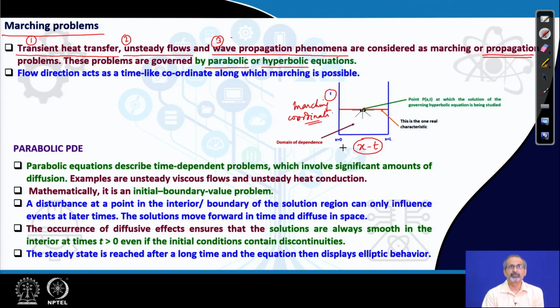However, there may be problems where the flow direction acts as a time-like coordinate along which marching is possible. So, instead of marching along time, you may also be marching along a particular flow direction.